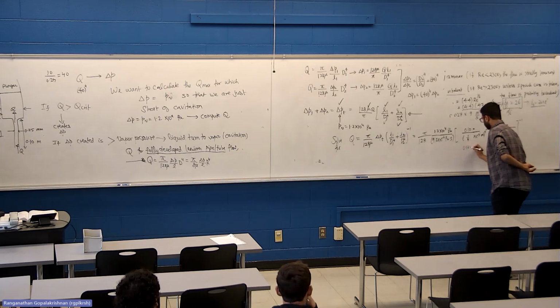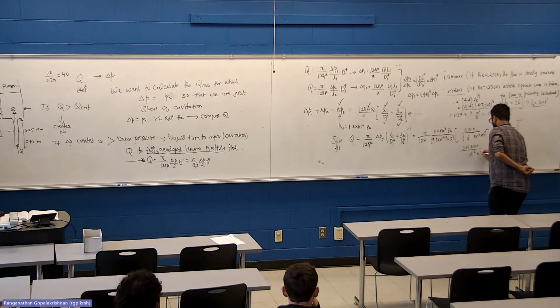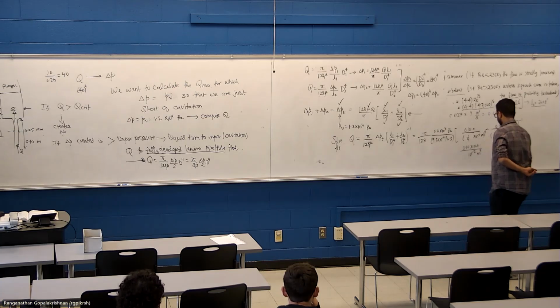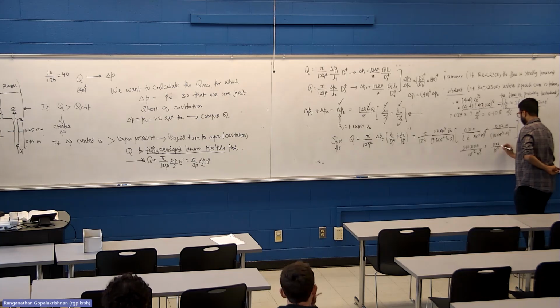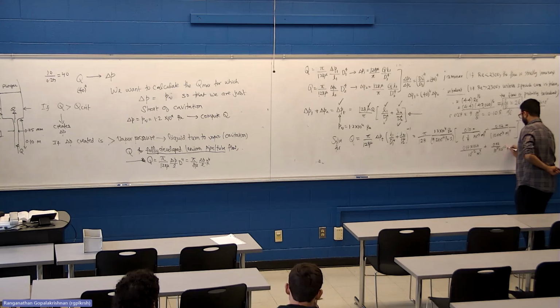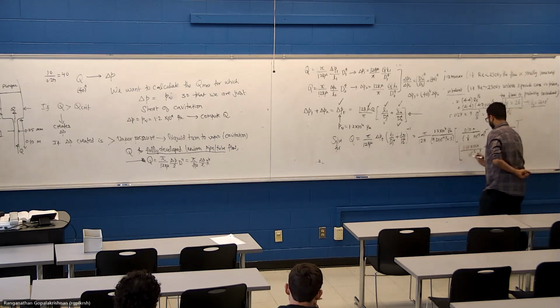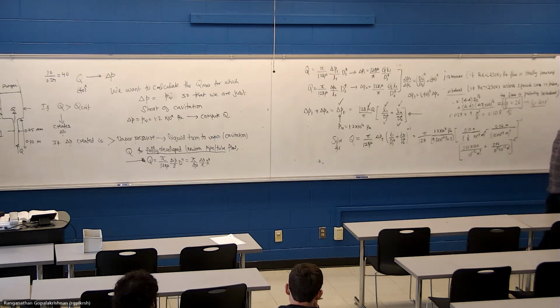So 0.10 times 1024 divided by 10 to the power minus 12 to the fourth power, that is in meter cubed, plus 0.02 times 0.02 divided by 10 to the power 3, times 10 to the power minus 12 meter cubed. Or you can punch this into your laptop.